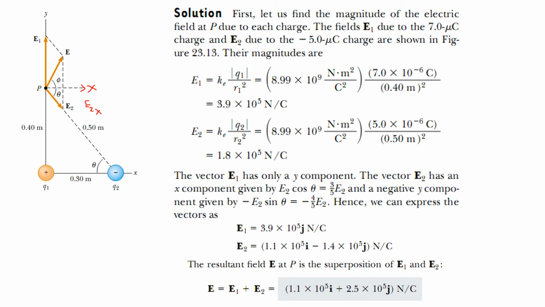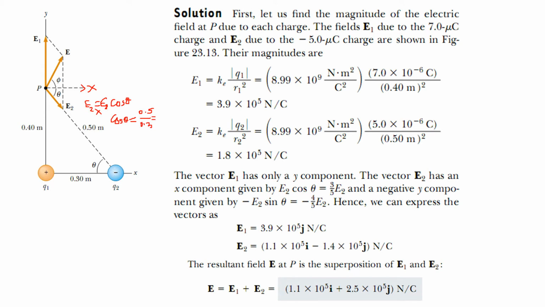E2x is equal to the magnitude of E2 times the cosine of an angle theta. This angle theta is the same angle theta. So cosine of this angle theta is equal to the adjacent side divided by the hypotenuse, 0.5 divided by 0.3.